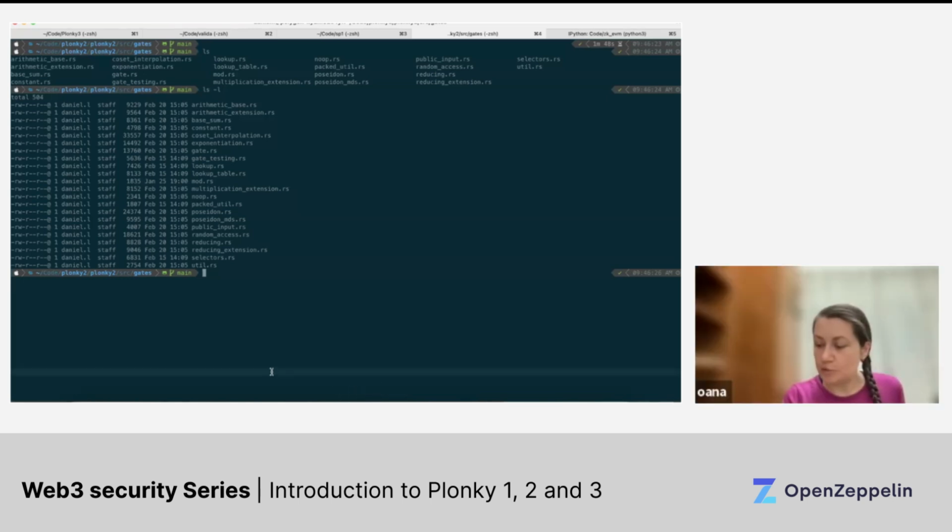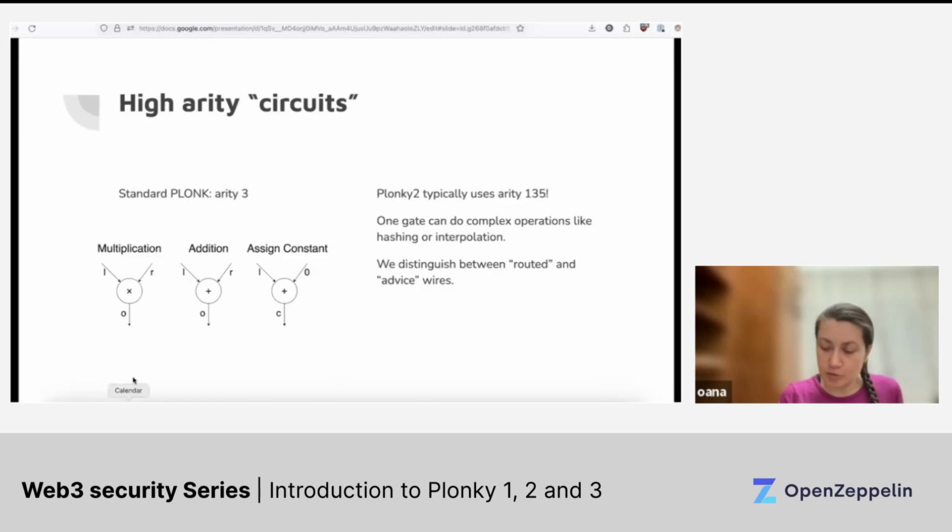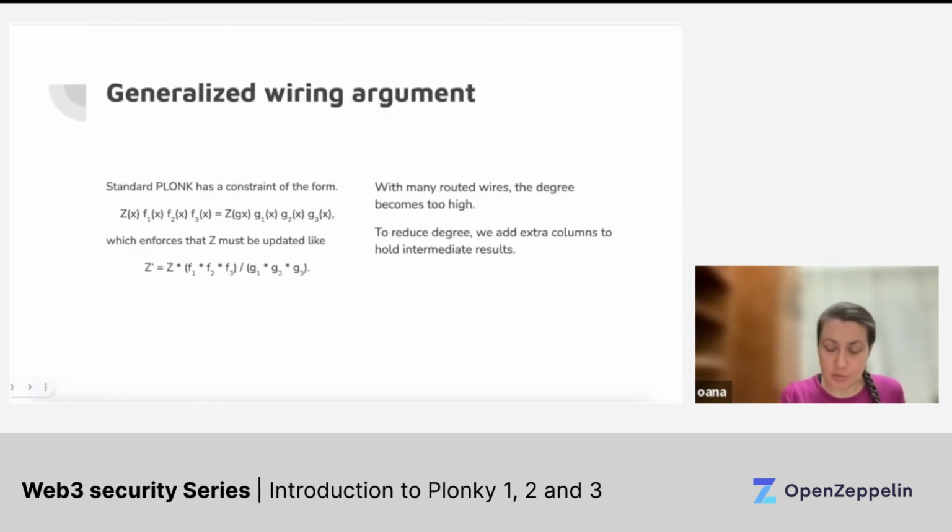I would like to try actually one more question. I think I was asking about this the first time we met with Daniel. I'm still interested in that. Can you talk a little bit more about the treatment of the public inputs? Because you have a different treatment of public inputs than in standard Plonk.